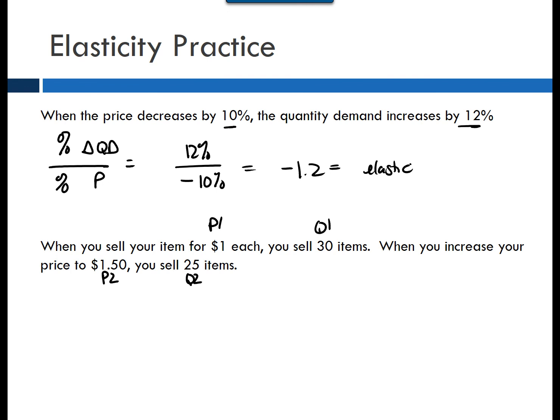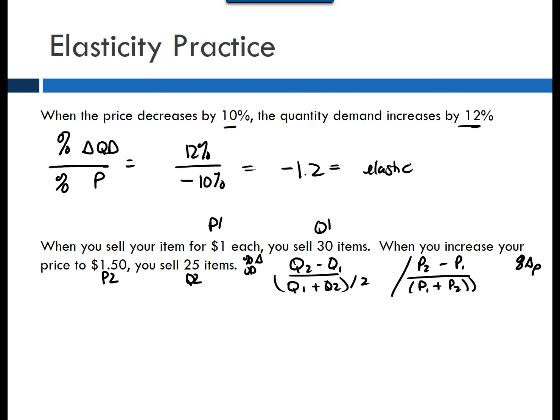Now you just plug them into the midpoint formula, which is Q2 minus Q1 over the midpoint, Q1 plus Q2 divided by 2. And then I put that over the percentage change in the price, which would be P2 minus P1, how much the price changed over the average or the midpoint of the price.